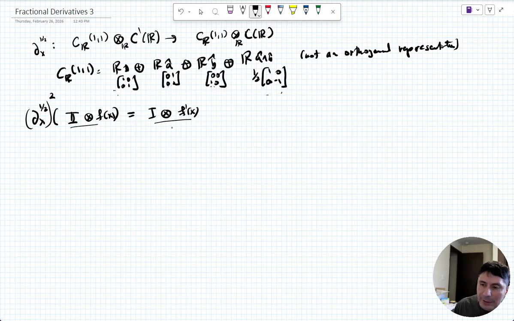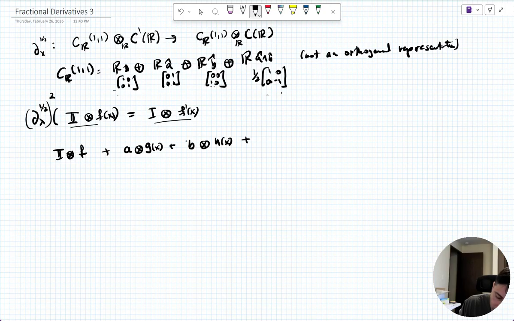So now let's look at the generic definition. Remember, in the domain, there is I tensor F plus, in this case, A tensor G of X, plus B tensor H of X, plus, now normally I would do A wedge B, but let's do AB basically, which in this case is going to be the matrix 1, 0, 0, 0, 1.